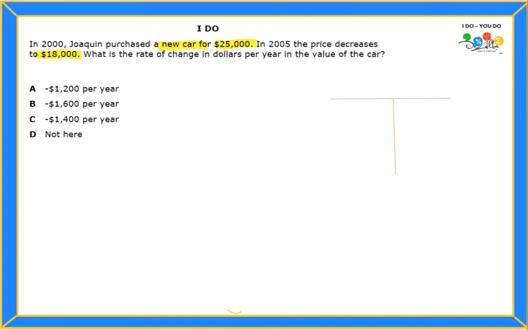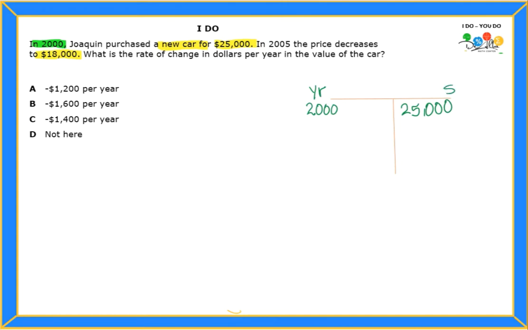So now we need to decide how I can write the information that was given to me on this table. I do know that when he purchased the vehicle, which was in the year 2000, he actually paid how much money for the car? $25,000. So I'm going to write down over here that in the year 2000, this is the year, he paid $25,000.